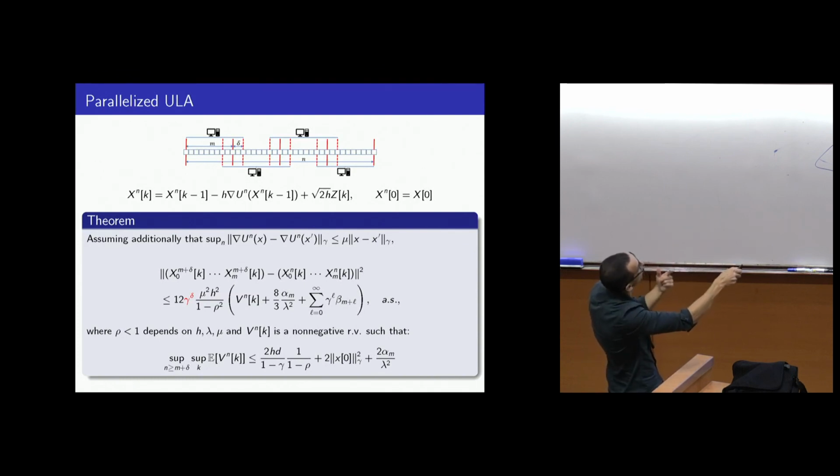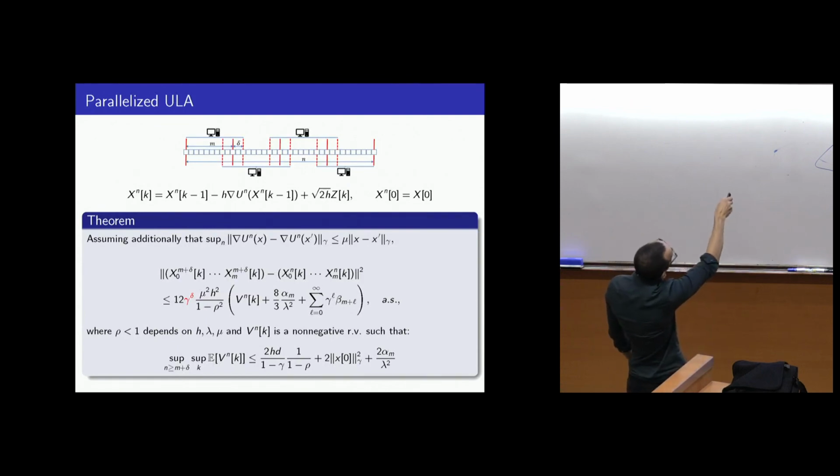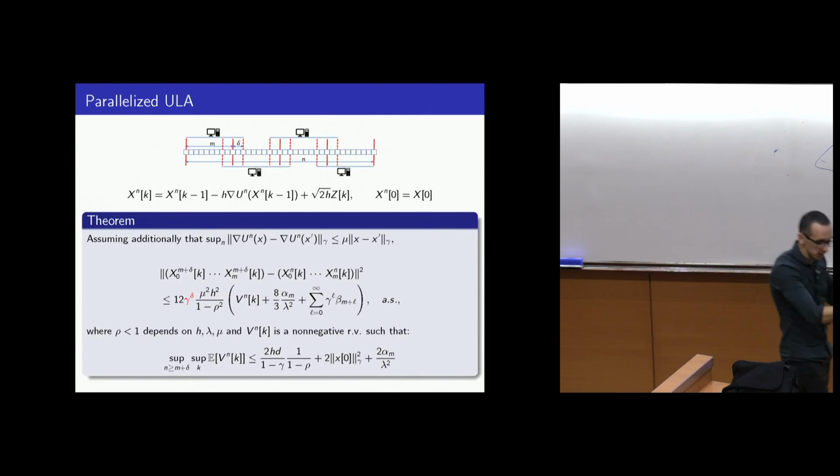So this is an almost sure inequality, and there's just one random thing here. Everything else is constant. There's just one random variable, but which is, as an expectation, bounded uniformly in an appropriate sense. Okay? And the good thing again is that I've got my y over delta there, so that as I increase delta, it kills off the error.